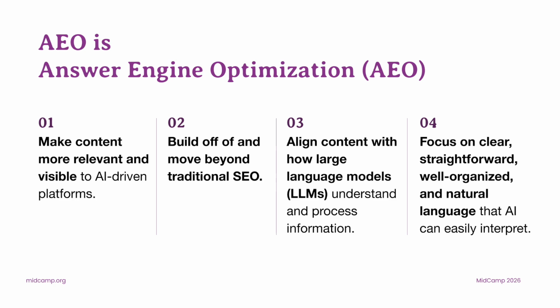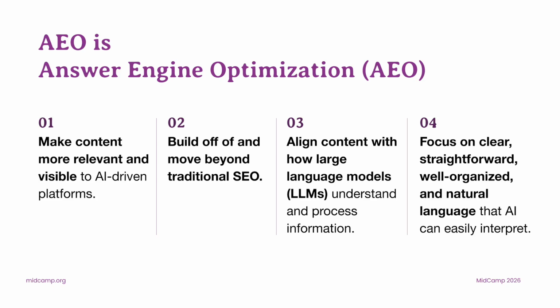Well, now it's phrases, it's questions. You need to write questions and think about those. Those questions can still include your keywords, but the way we use AI has transformed how we search. We need to align our content with large language models, make sure that they can process this information. And then number 4, we need to focus on clear, straightforward, well-organized, and natural language that everyone, including AI, can understand.